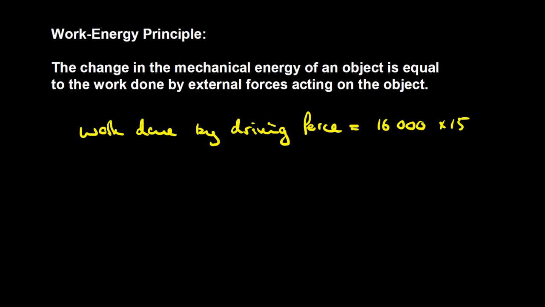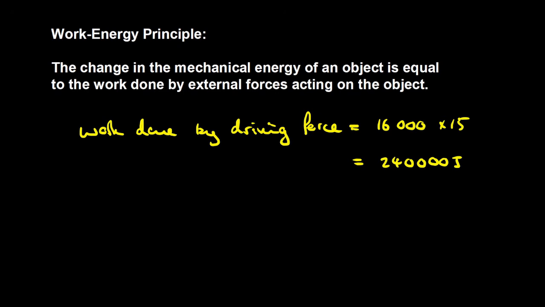The reason for that is power is energy divided by time, so energy is power times time. So we're going to have 16,000 times 15, which is 240,000 joules there.